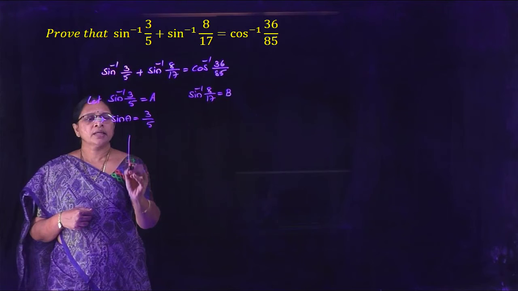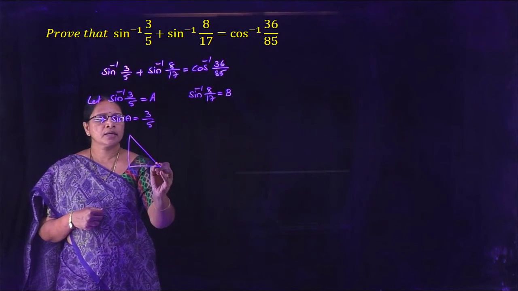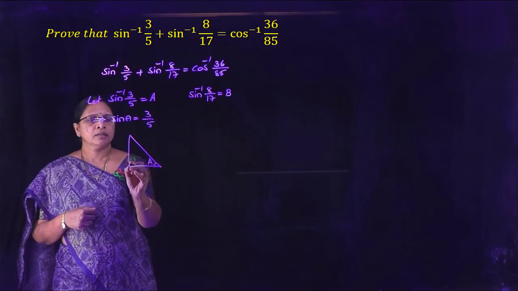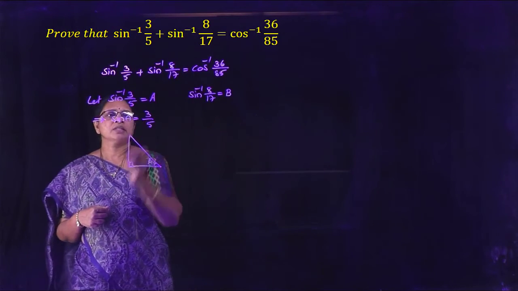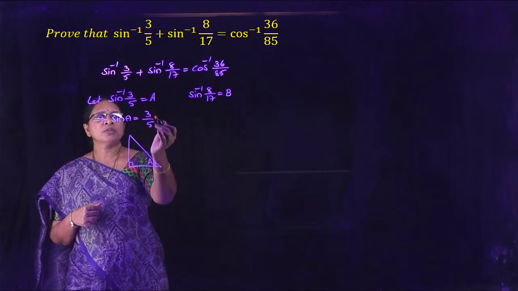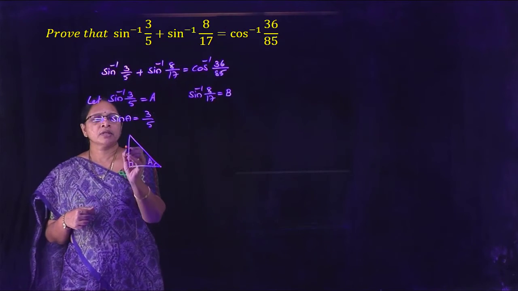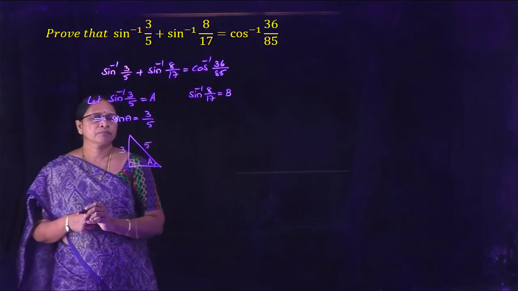Consider a right angled triangle with an angle A. Here this is a right angle. Given that sine A equals 3 by 5, that is opposite side by hypotenuse. Here opposite side is 3, hypotenuse is 5.